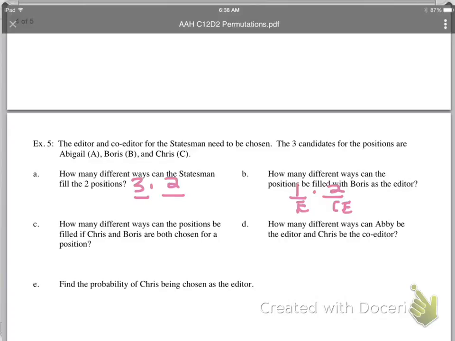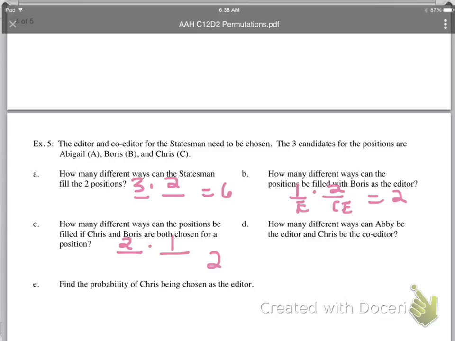So that'd be, here is 6, here's a total of 2. How many different ways can the positions be filled if Chris and Boris are both chosen for the position? Well, now, both chosen for a position. That means it doesn't tell us which is which, so we have 2 possibilities for the editor, we have 1 possibility for the co-editor. Again, there are 2 total possibilities.